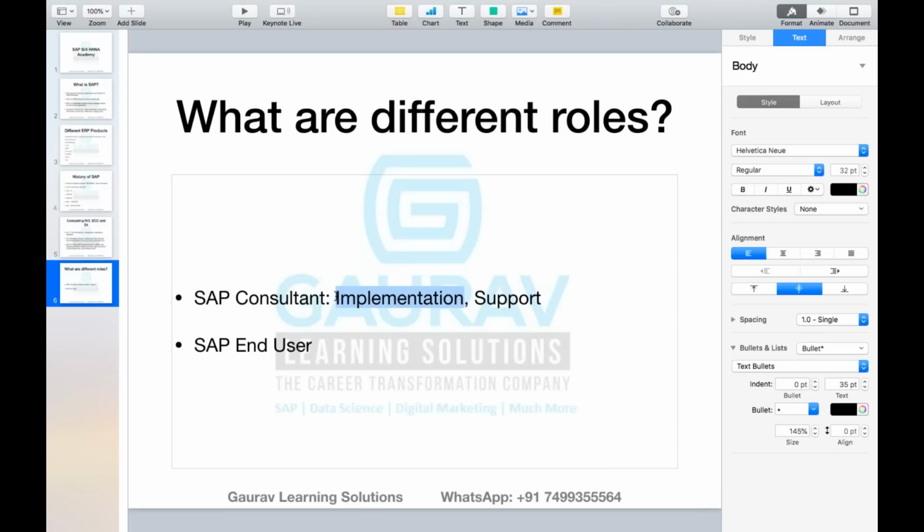So if you are very lucky, you can become part of the implementation team on day one itself. But normally most companies prefer newcomers to start with a support project, because support is normally done in the background.